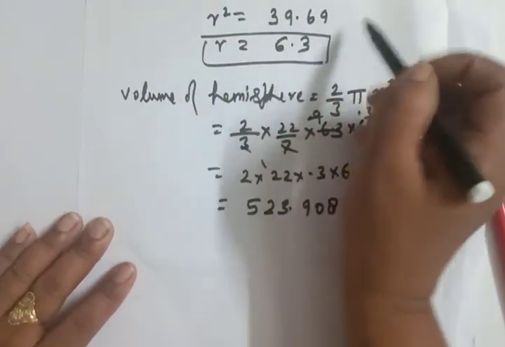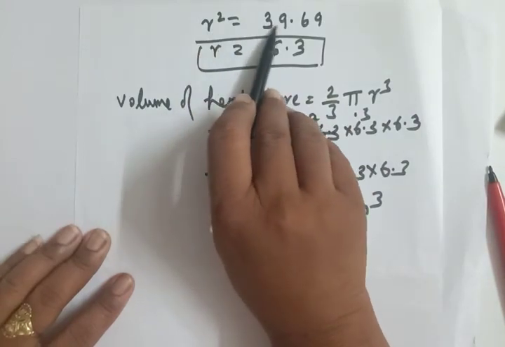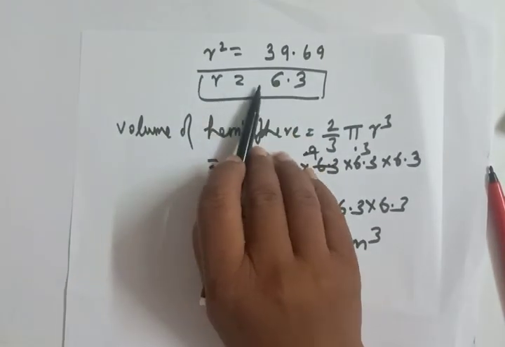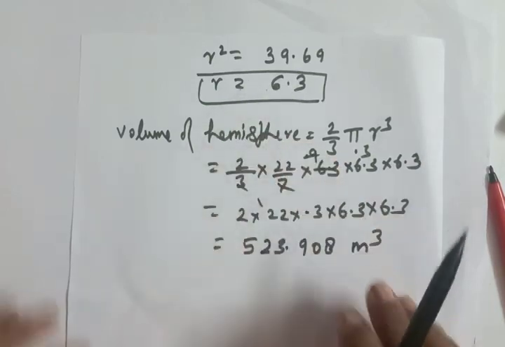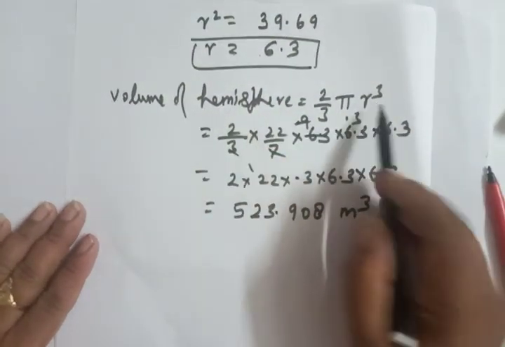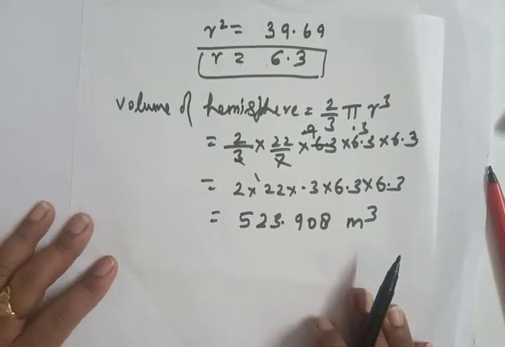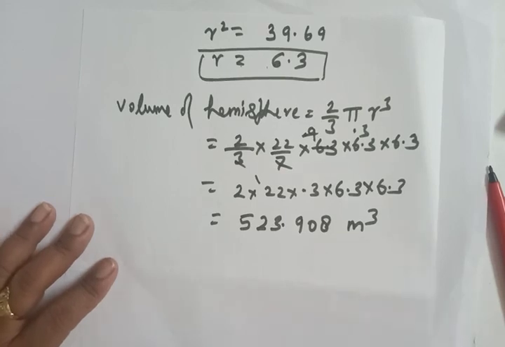R square is equal to 39.69, and after taking the square root, we got r equal to 6.3. We put the value here and got the volume of air inside the dome. Thank you, students.